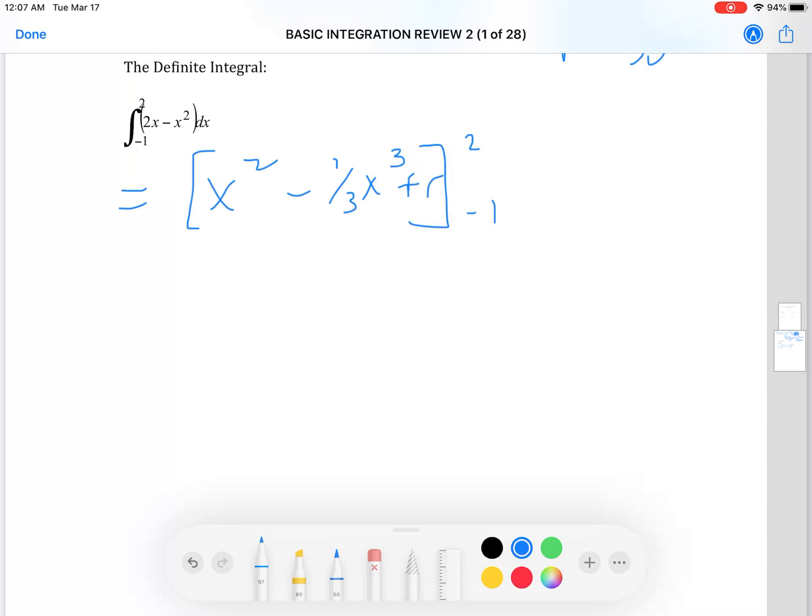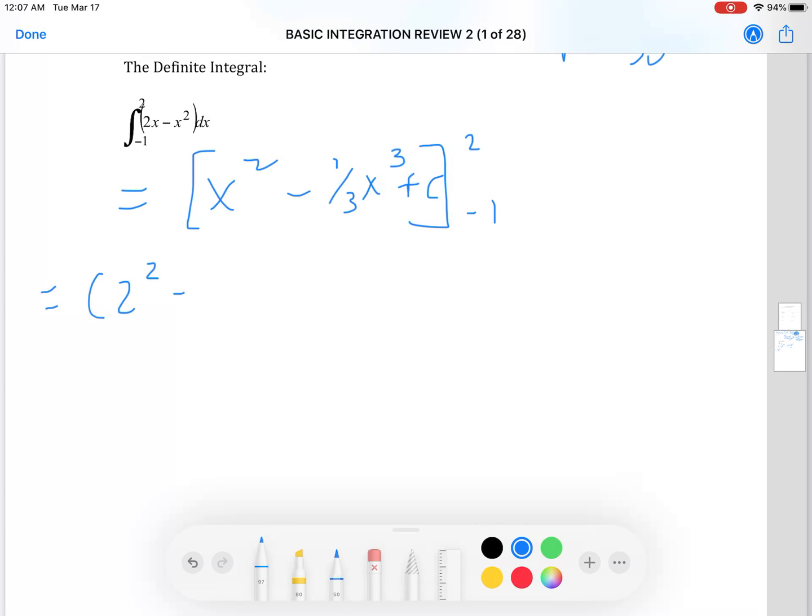Now, technically speaking, there's a plus c, but what happens is that when you are subtracting these expressions, you're going to get a number because the plus c's are going to cancel. We'll leave plus c in so you can see firsthand how they cancel. So the first group, I'm plugging in a 2.